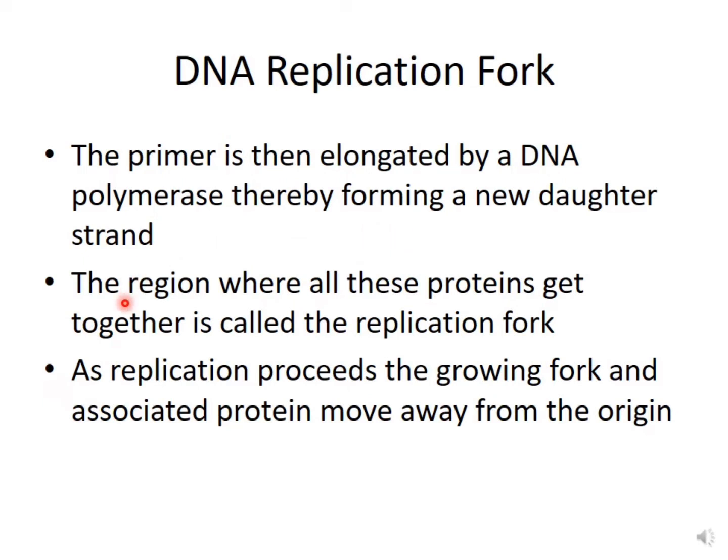The region where all these enzymes and proteins get together is called the replication fork, as we mentioned in the previous slide. And as replication proceeds, the growing fork and associated proteins move away from that origin as new DNA is being copied.